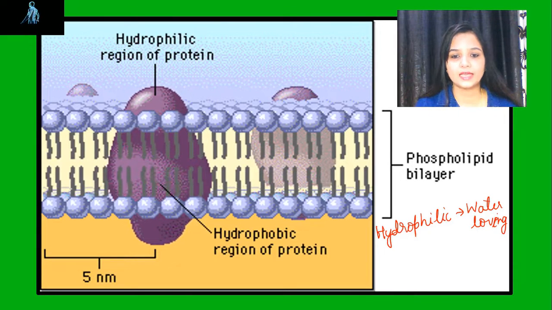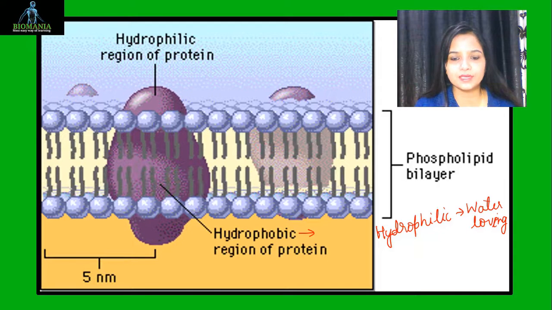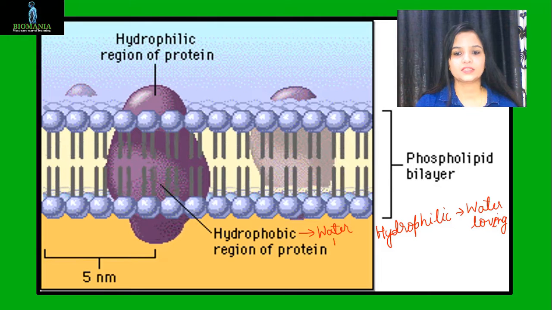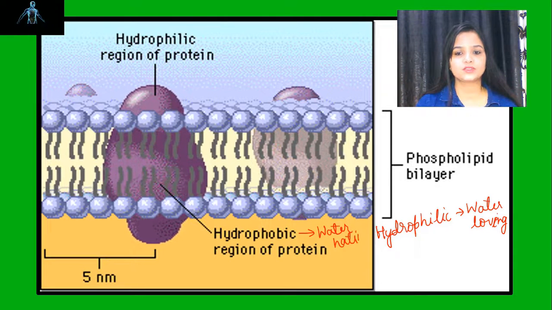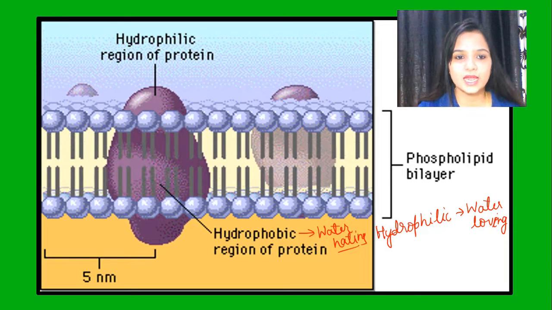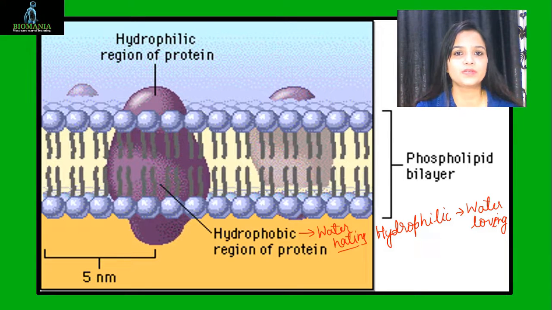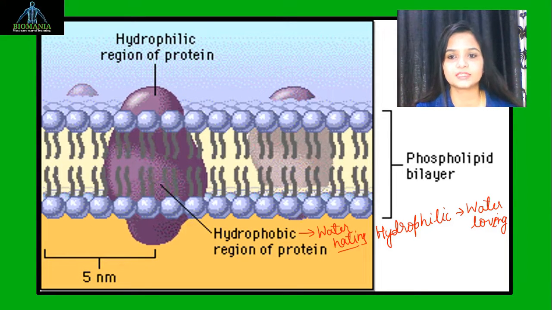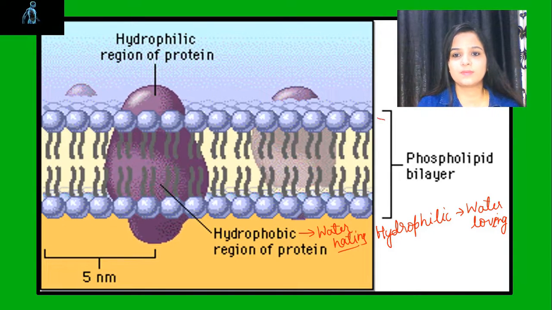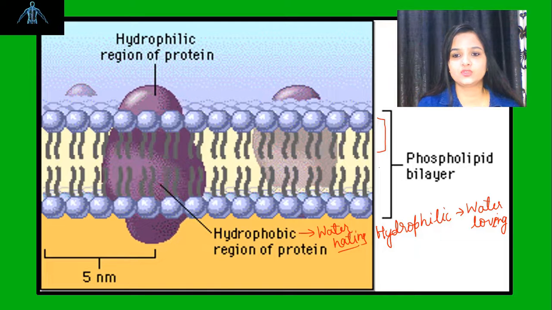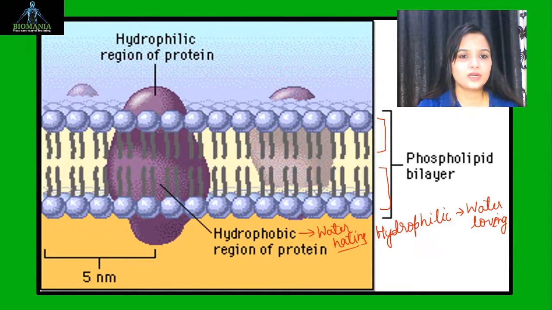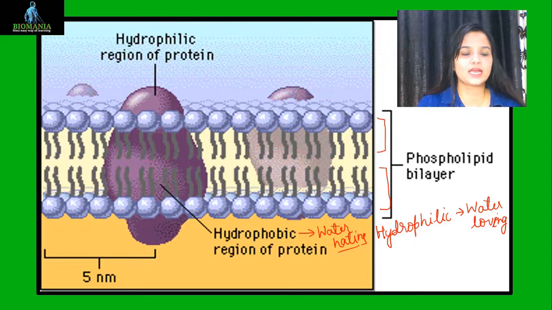And hydrophobic means water hating, who hates water. So the hydrophilic region is the outside one and the hydrophobic region is the inside one, and that is the phospholipid bilayer. That is a single phospholipid layer and there are two layers present, so that is the phospholipid bilayer.